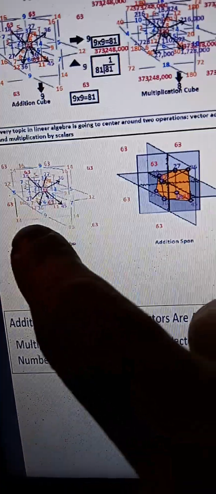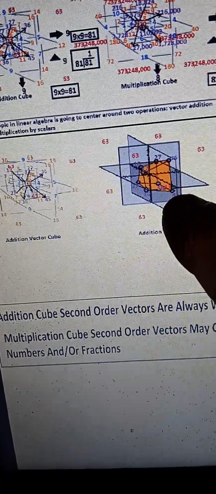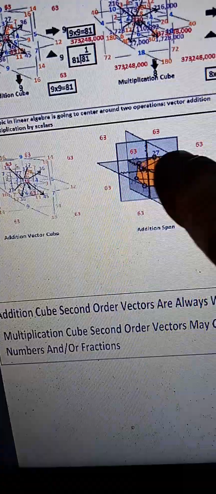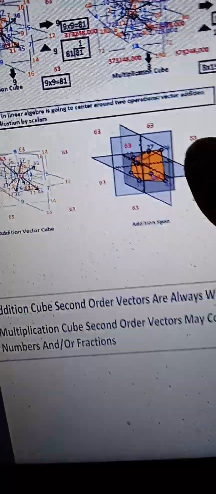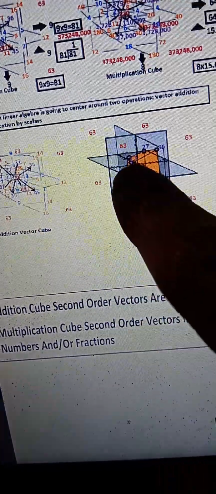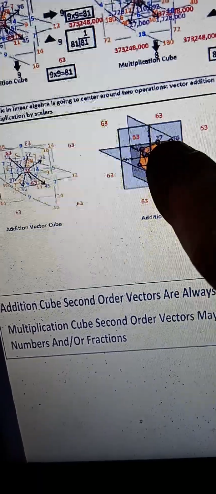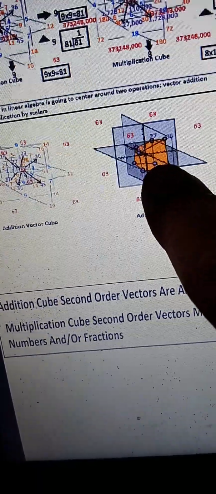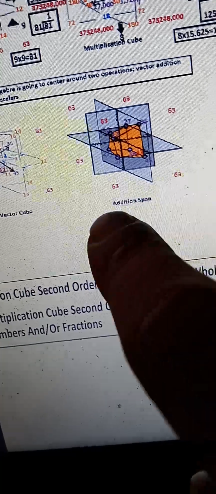But with the addition cube, I tried to make a span, a three-dimensional span that may be the volume of the outer ghost number 63. There's an 18 right here, 27, 36, 30, 27, down here 36, down here 36, back here 27, right here 45.